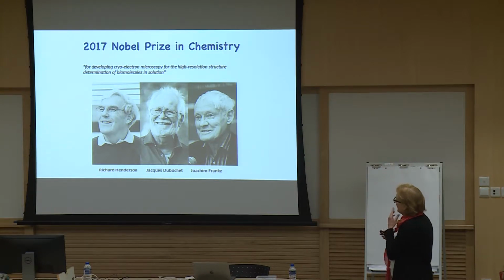And cryo-EM received last year's Nobel Prize. That went to Richard Henderson, who did actually one of the first structures of a cell receptor, bacterial rhodopsin, using 2D crystals and electron microscopy.